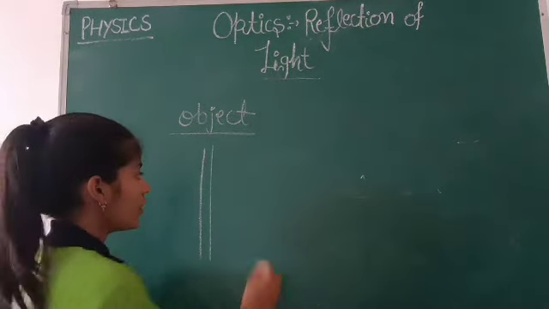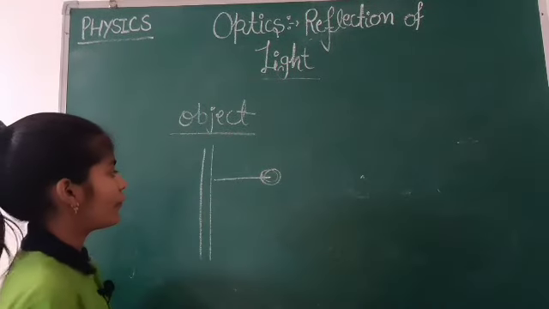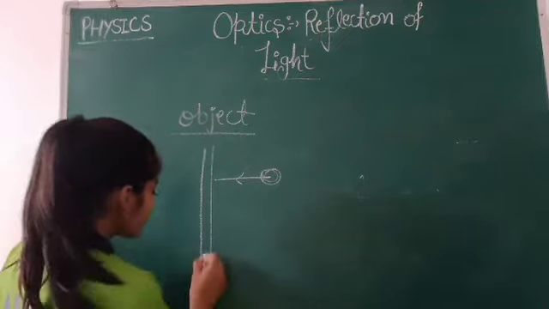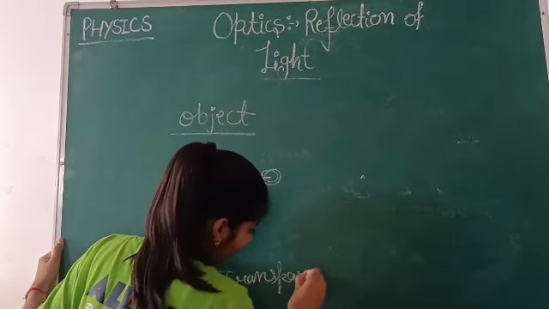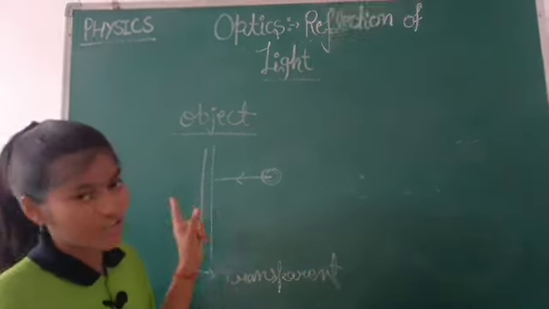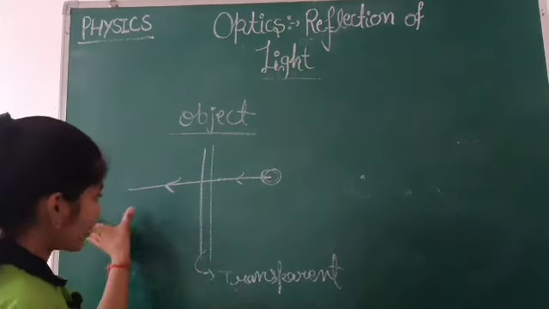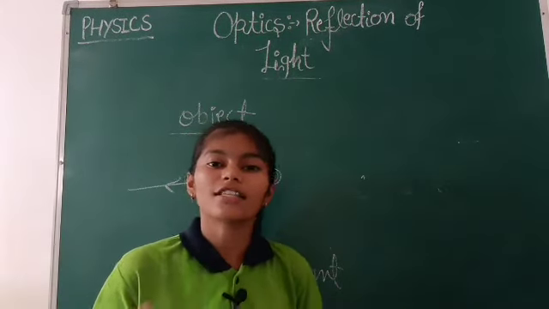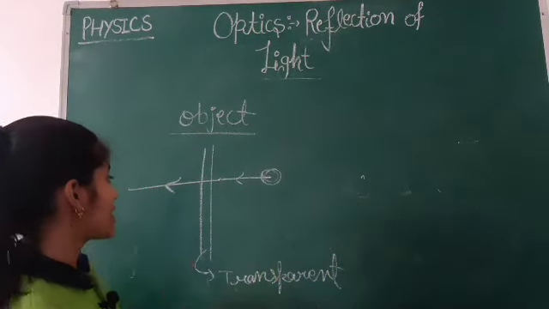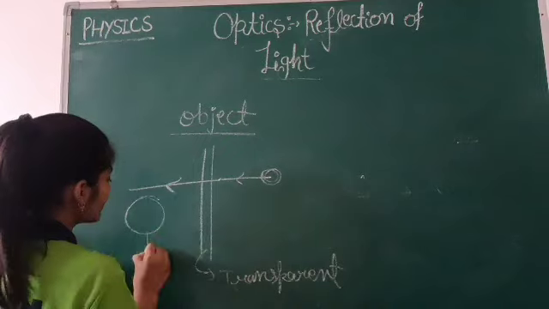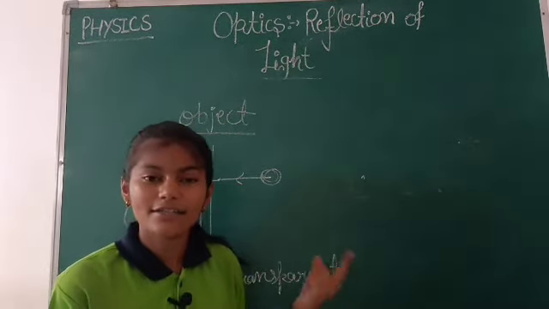Whenever a ray of light comes from a source, if this is transparent, then all the light which is coming and striking the surface will go to the other part, or is transmitted. Due to this, the objects which are behind this transparent medium we can see. That is transparent.